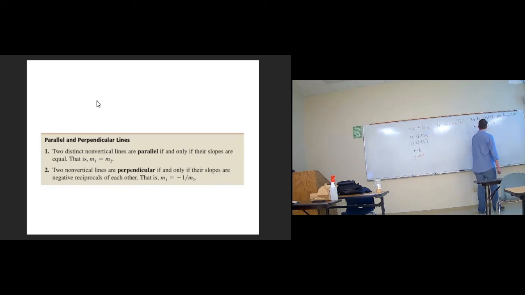Adding 5 to both sides, we have -5 times the quantity x minus 3 plus 5. Distributing now, we have -5x plus 15 plus 5. It's -5 times -3, so plus 15.